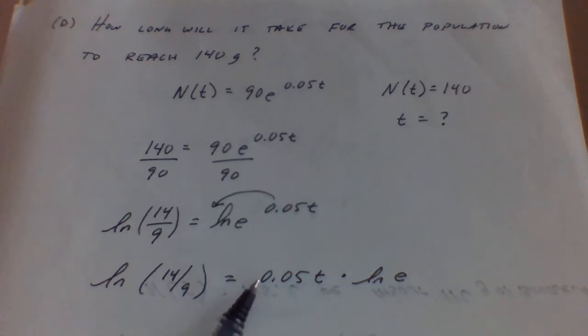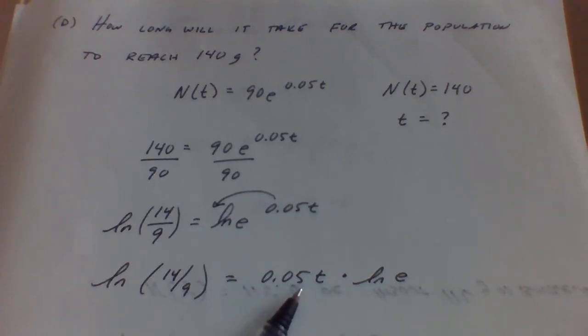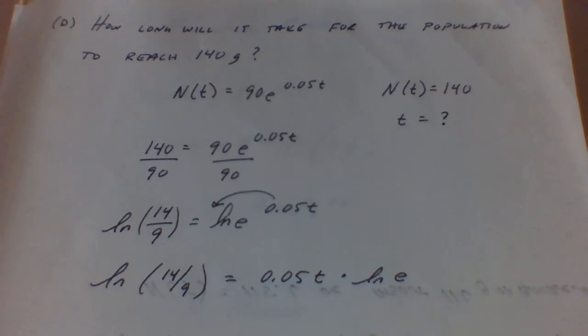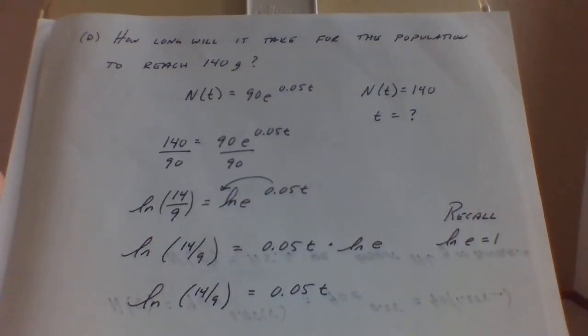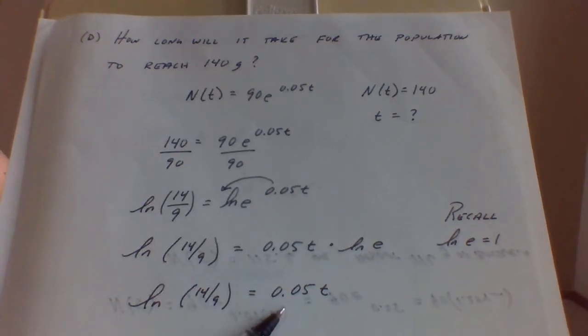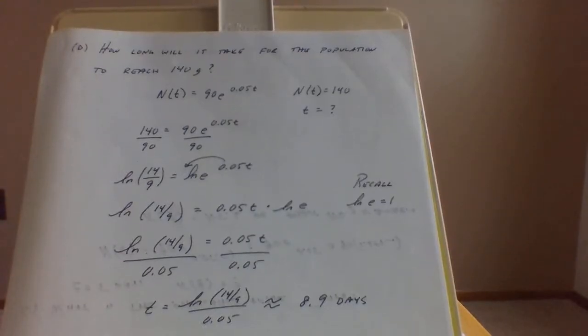If I take 1 and multiply it by 0.05t, I'm going to get 0.05t on my right-hand side. And now if I want to solve for t, I can go ahead and divide both sides by 0.05. This is going to give me about 8.9 days.